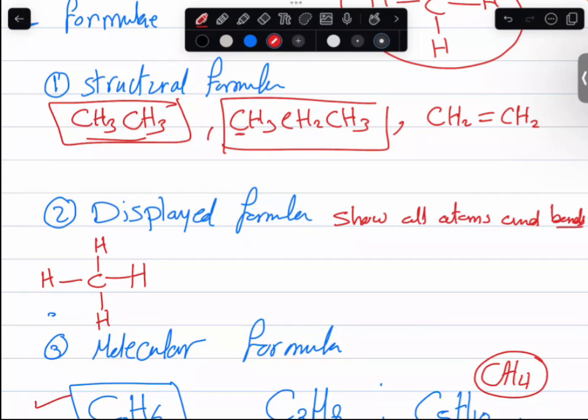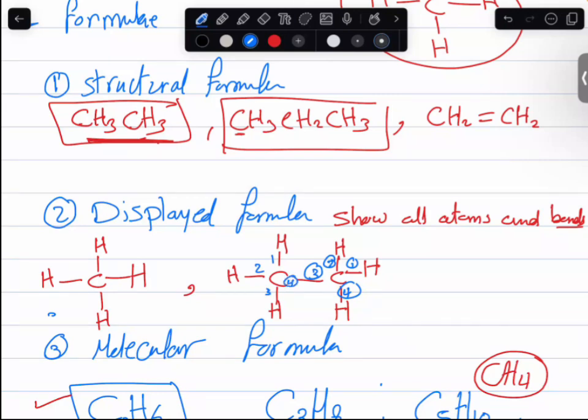If we want to write the displayed formula of ethane, we write two carbon atoms connected together, and on the first carbon atom I have 3 hydrogens, and on the other carbon atom we have 3 hydrogens. Now if we count how many bonds are around each carbon, we have 1, 2, 3, 4. So each carbon atom is surrounded by 4 bonds, and this is right.